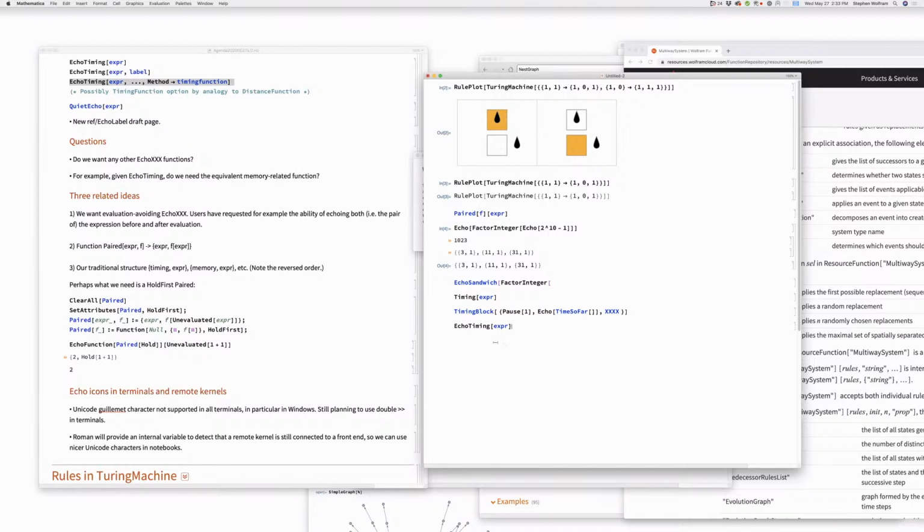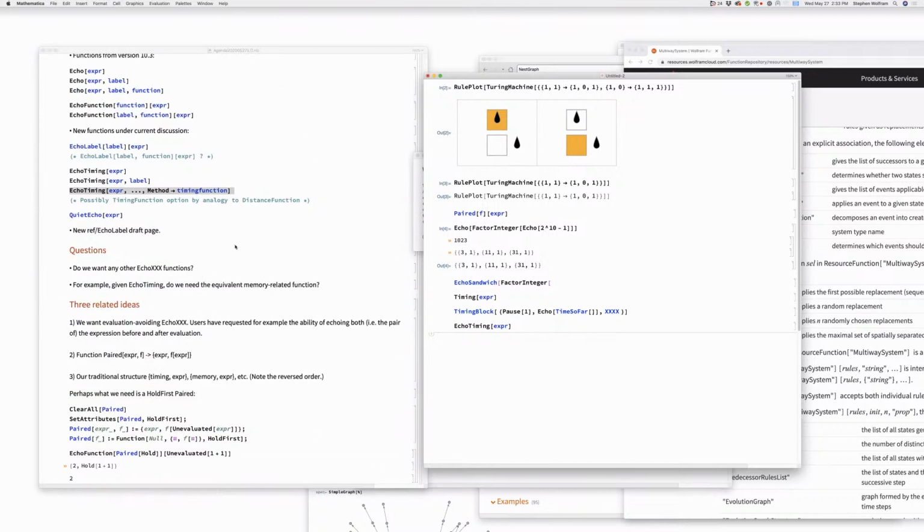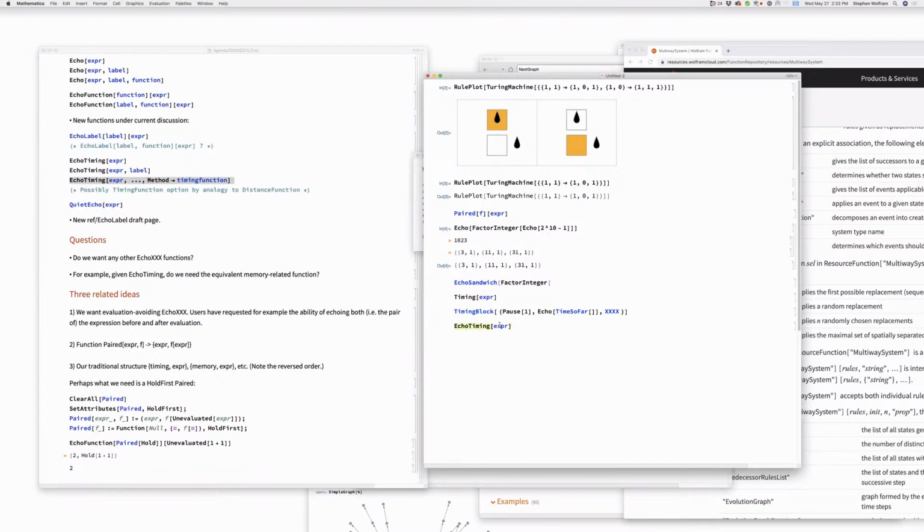Well, let's see. Do we have an implementation? Yes, echo timing is working. Okay, fine. So I could say basically table echo timing factor integer 2 to the n minus 1, and then I'm just doing a table there, with 20 or something.